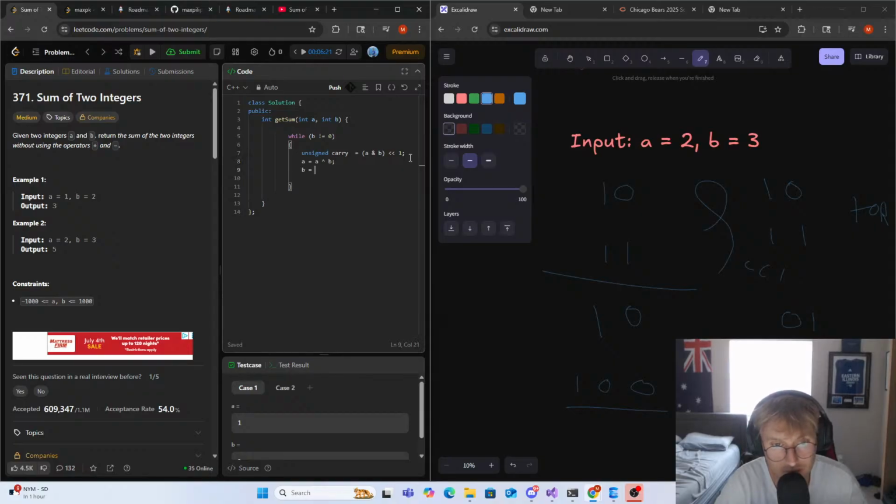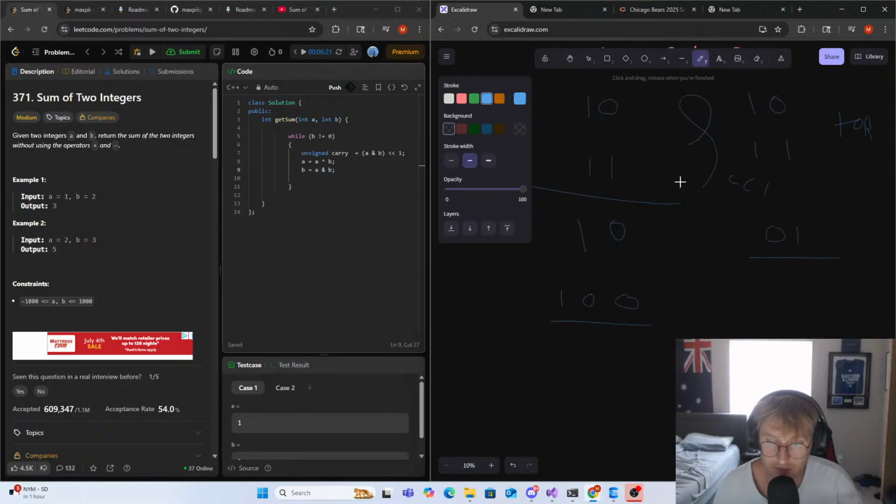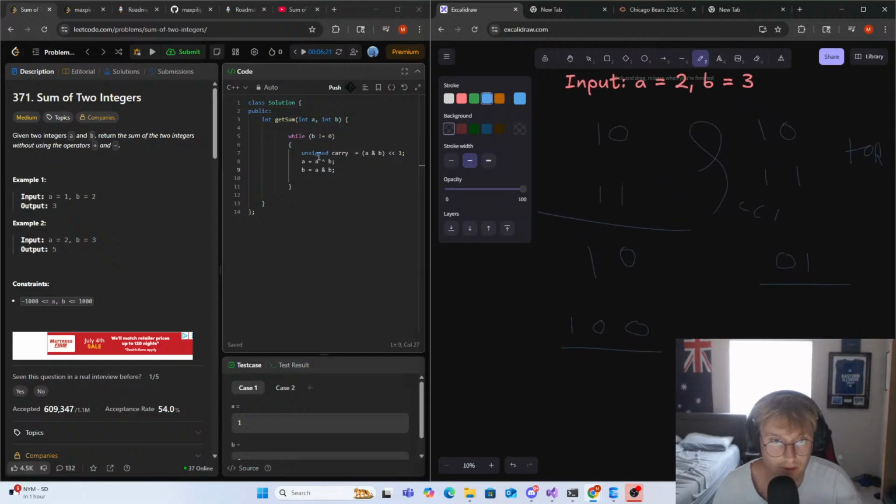So B being what, A and B? I don't know. I have no idea. Let's think about this. We have our carry, A and B bit shifted left, which is this here. Our A and B is this here, and our XOR is this right here.